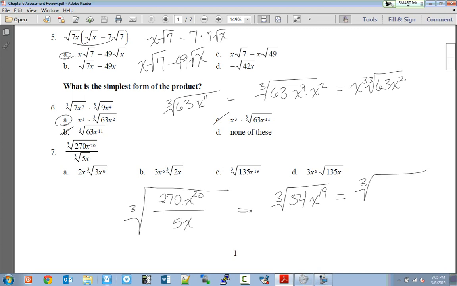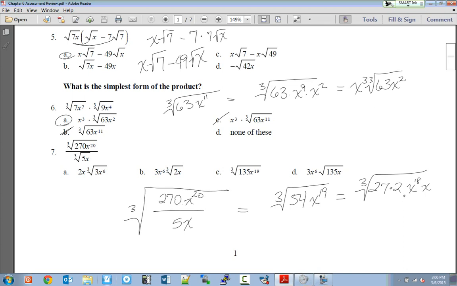So now, the largest perfect cube that goes into 54 is going to be 27. And 27 times 2 is 54. And then what's the largest number that is divisible by 3 that is less than 19? Well, the answer is 18, so it's going to be x to the 18th times x.